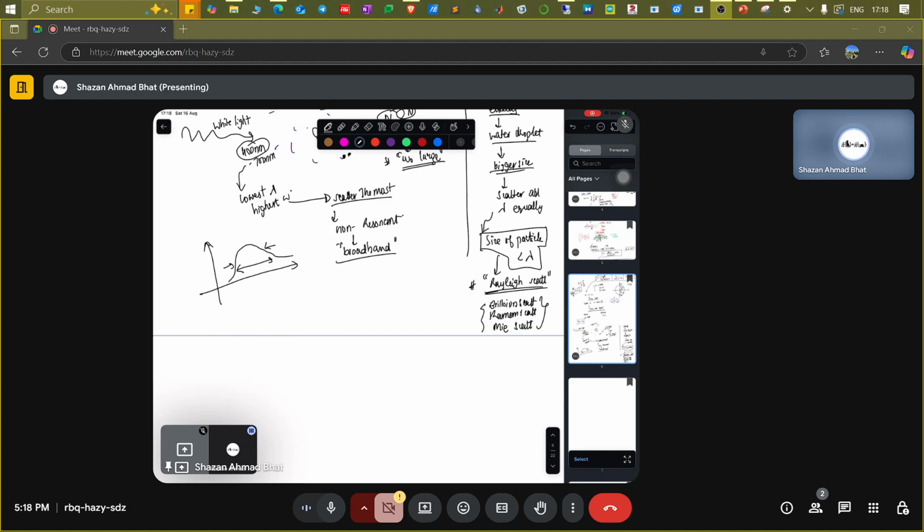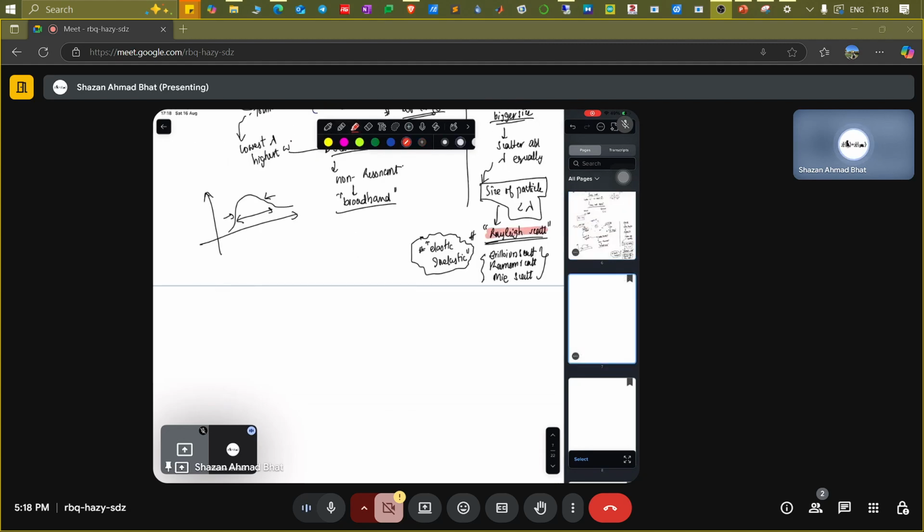They depend upon whether the process is elastic or inelastic, whether the photon loses energy in the interaction, gains energy, or changes energy, and what happens to that energy. So these are different scattering phenomena which you can have a look at.